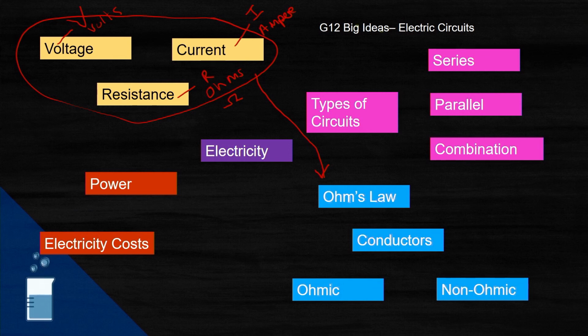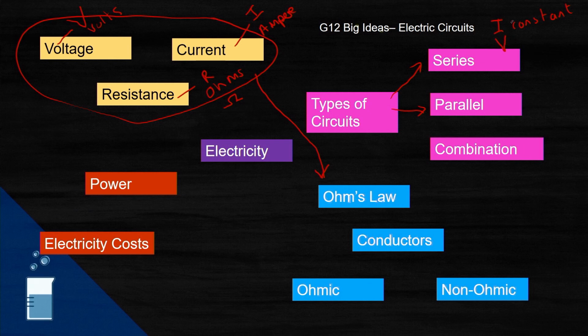Last year you would have already spoken about two types of circuits, a series circuit and a parallel circuit. In a series circuit, all the components are joined together and the current moves all the way through, and so the current remains constant through that circuit. The thing that changes is the potential difference.